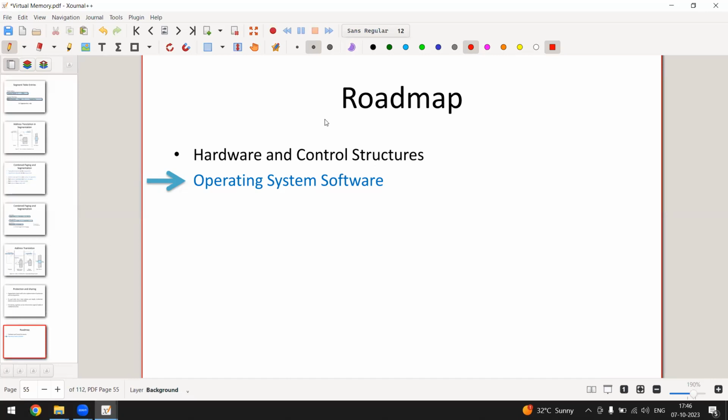In the remaining half of this chapter, we are going to discuss software, or various algorithms, which are being used along with the virtual memory scheme so that the overall implementation can be easy and can be efficient.